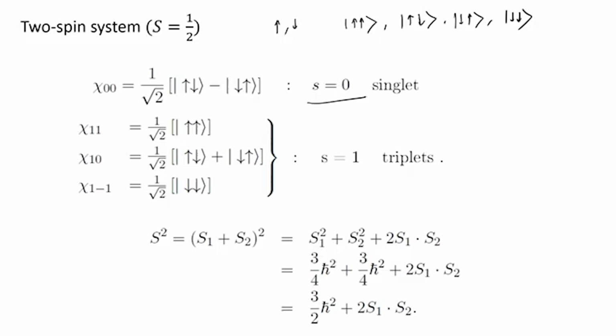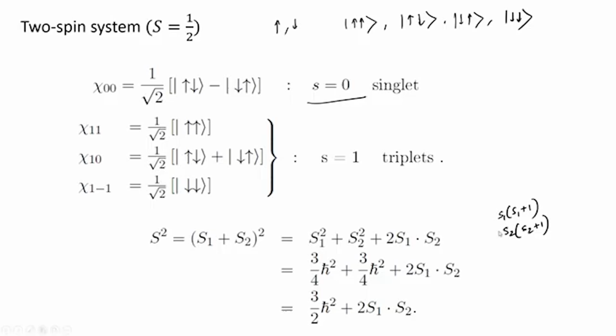These have certain properties. If you take S square of the total S, which is S1 plus S2 whole square, I can write S1 square plus S2 square plus 2 S1 dot S2, since S1 and S2 of course commute. Now, S1 square for spin half is s into s plus 1, and similarly for S2 square, both are 3 by 4 h cross square.